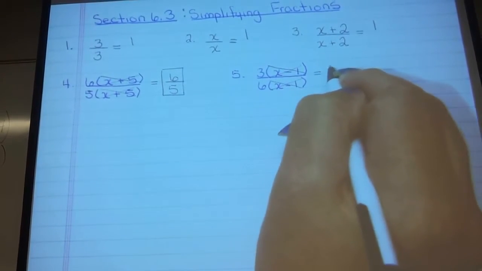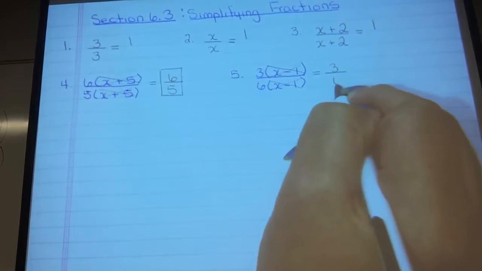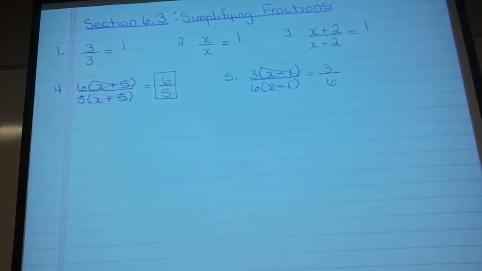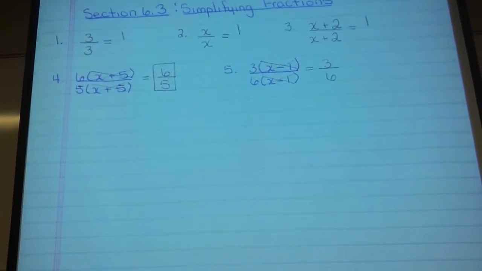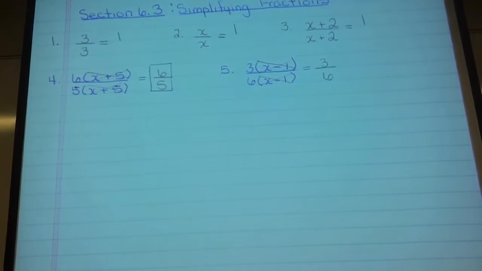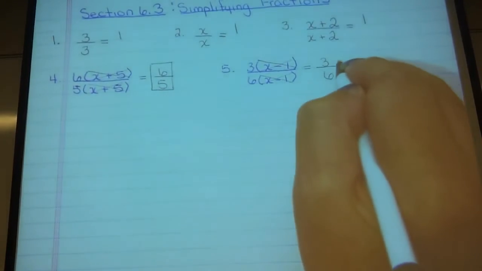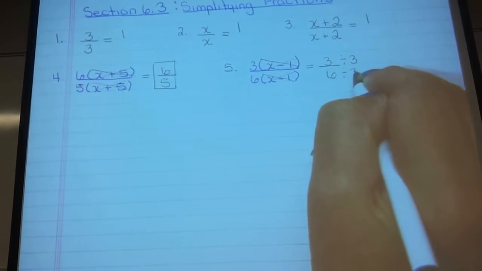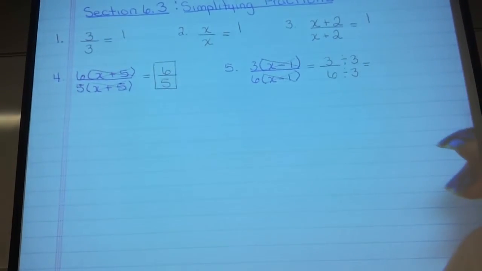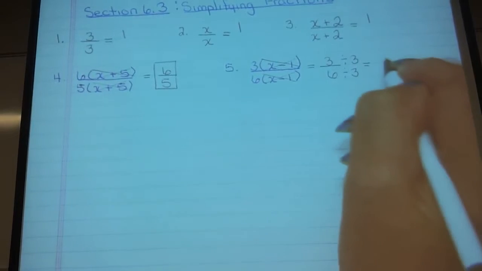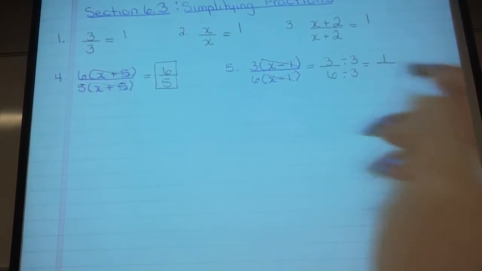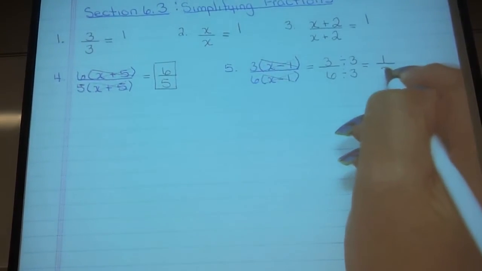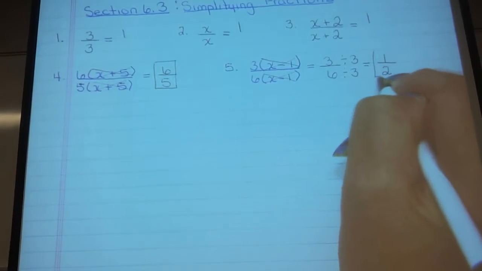And you're left with 3 over 6. 1/2. Okay, how'd you get there? 2. By what? Goes into 3. By 3. So you can keep going. I could divide the top and the bottom by 3, because you want to go as far as you can. On top, 3 divided by 3 would give you 1. 6 divided by 3 would give you 2. So it reduced to 1 half.